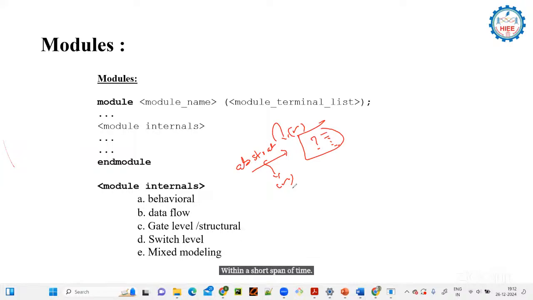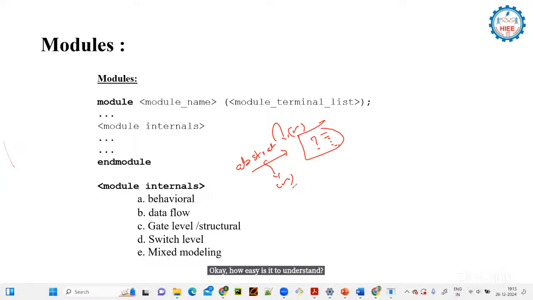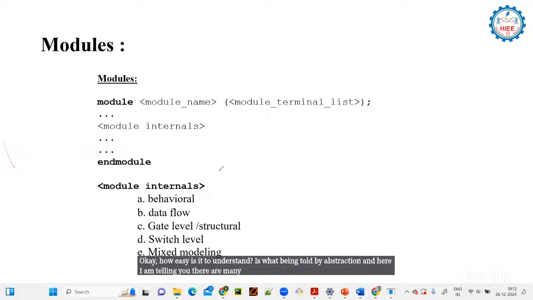What is abstraction? In my way, I would call abstraction nothing but the level of understanding. How easy it is to understand is what is being told by abstraction. And here I am telling you there are many levels of abstraction like behavioral, data flow, gate level or structural, switch level, and mixed modeling.